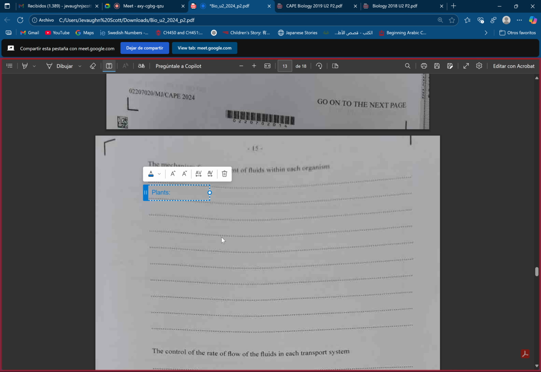Since xylem are non-living, the fluid flow is driven mainly, and I have to say mainly because biology is not necessarily absolute, by transpiration and physics. That is what the plant uses. Yes or no?